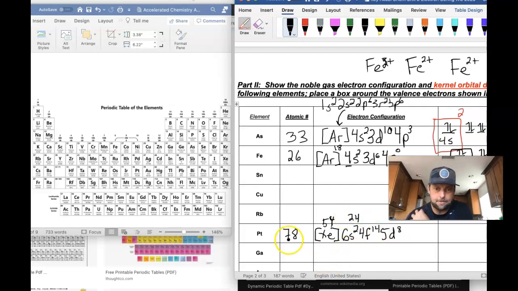And that's 78 electrons. Perfect. How many valence electrons does platinum have? Just like before, I won't show the arrows for this one, but the highest energy level is 6, and the s orbital has 2. The 6p doesn't have any electrons in it. I hope that helps, and shoot me an email if you have any questions.